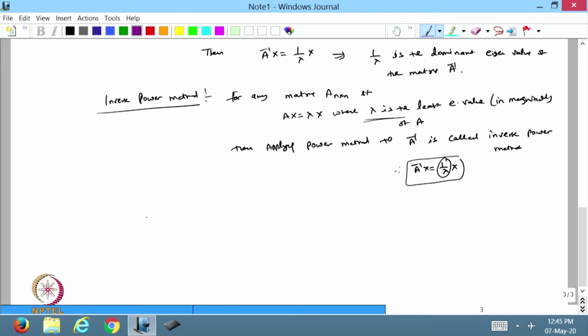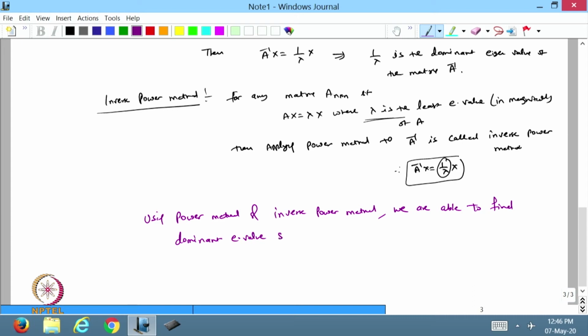So, now from here I can say that using the power method and inverse power method, we are able to find the dominant eigenvalue and the least eigenvalue.